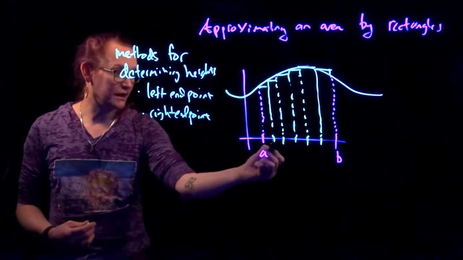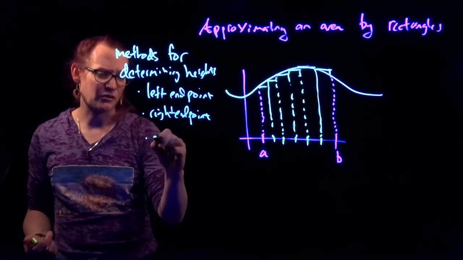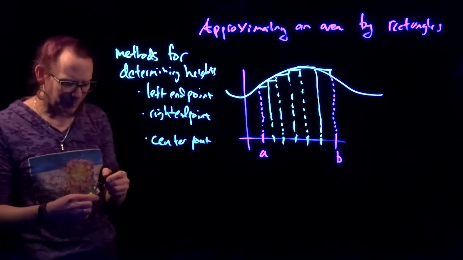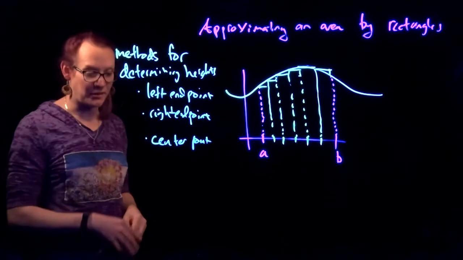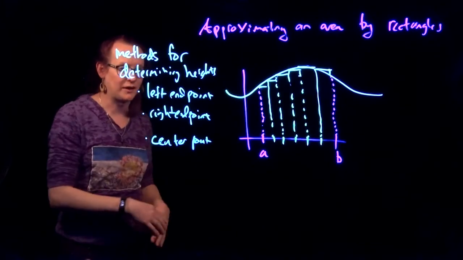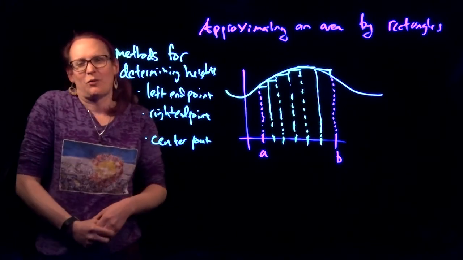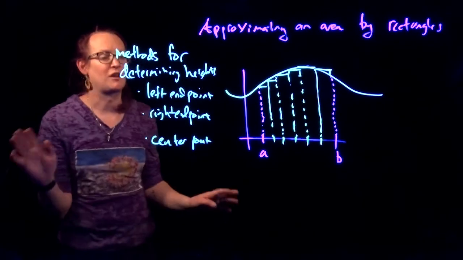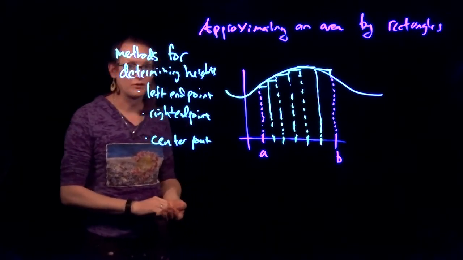We could use the right endpoint to determine it, or we could use centers. Or we could do a number of other schemes that we could come up with too. I'm going to content myself by listing these 3 things and then hinting that rectangles could be improved upon by using trapezoids, but we're just going to stop and say it with rectangles.